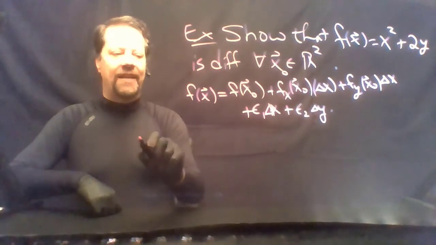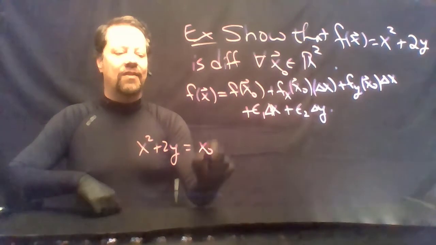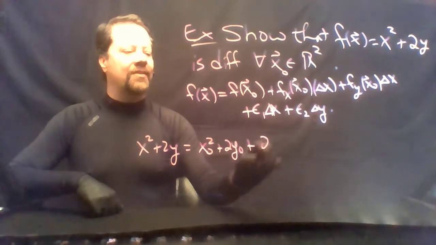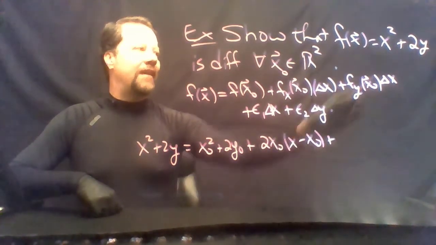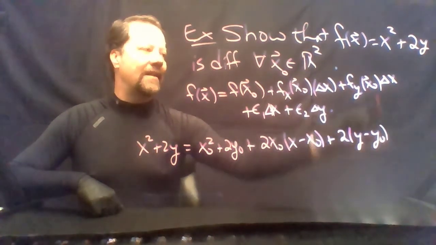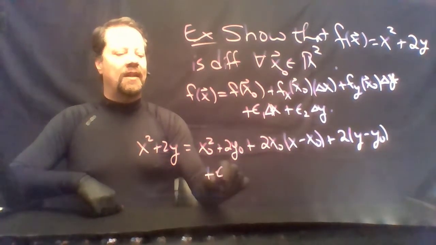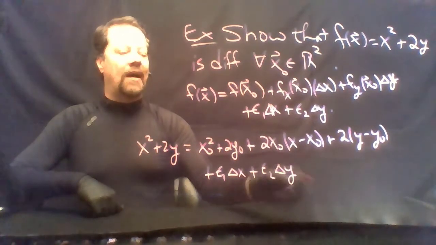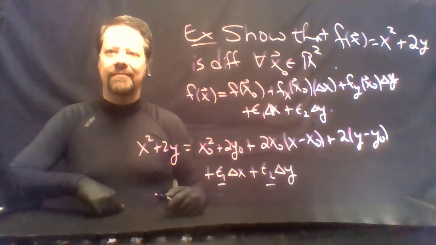So in other words, we have to have x squared plus 2y equals x naught squared plus 2y naught, plus fx, which is 2x, so it's 2x naught times x minus x naught, plus fy, which is 2, times y minus y naught, that's your delta y, plus epsilon 1 delta x plus epsilon 2 delta y. We need to solve this equation for epsilon 1 and epsilon 2.